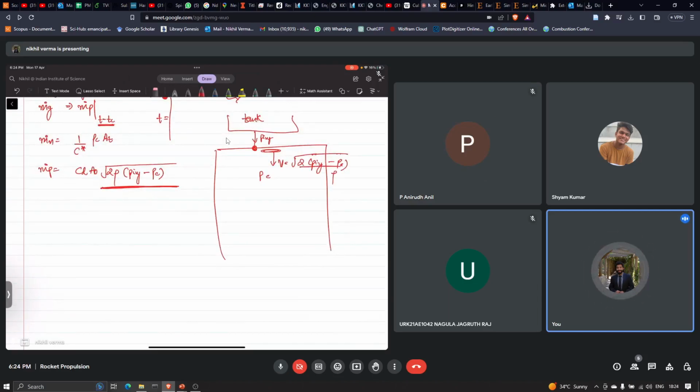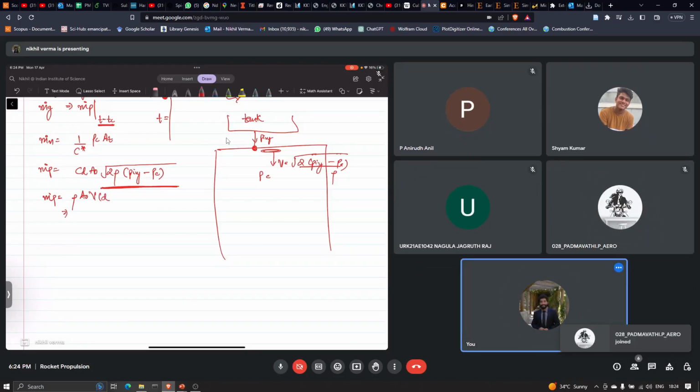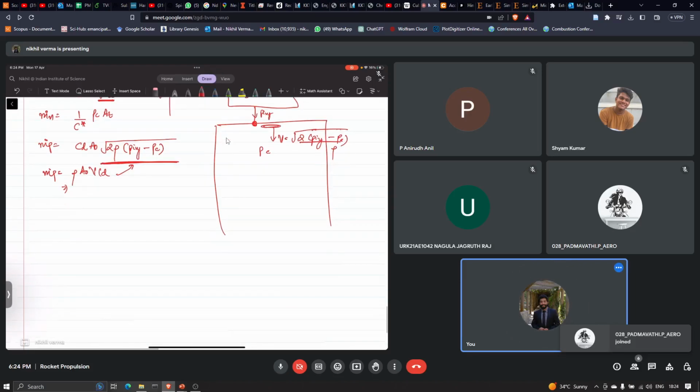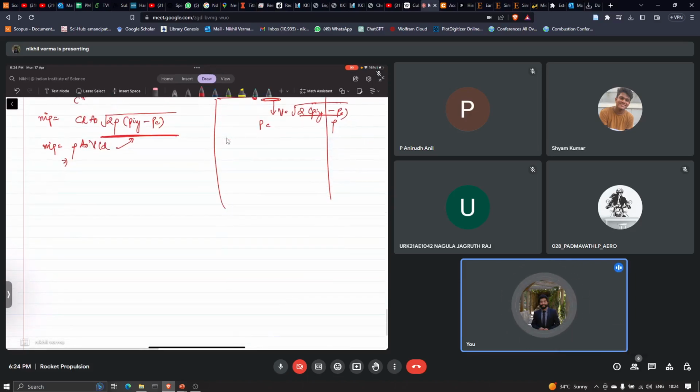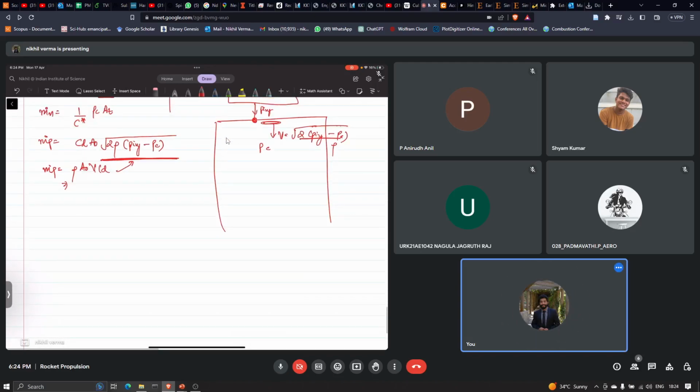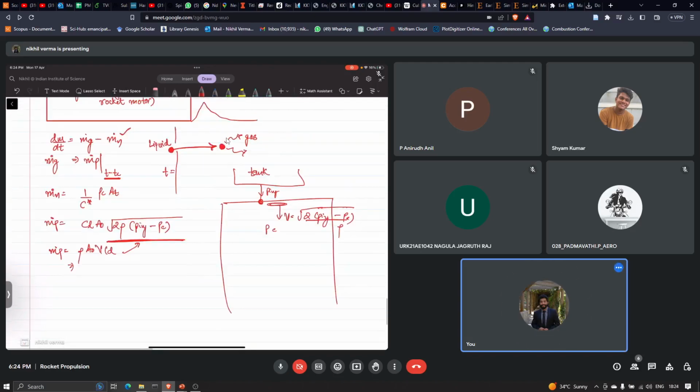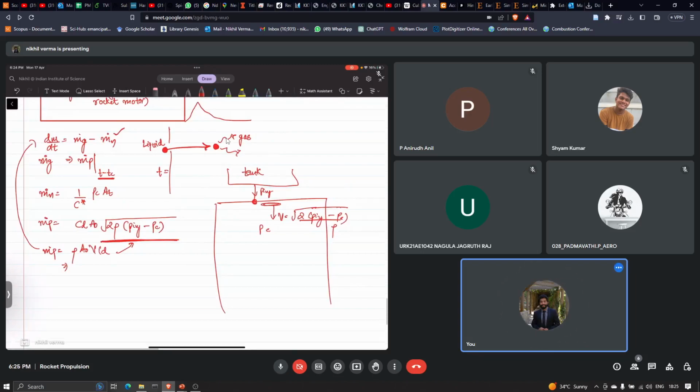So the mass flow rate is rho A naught V into Cd. If you substitute this, you will get this relation. Now we have to substitute these values in this equation.